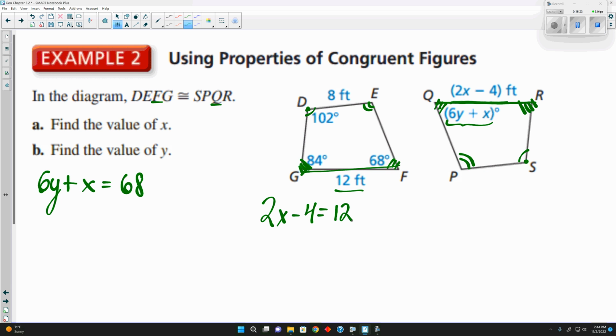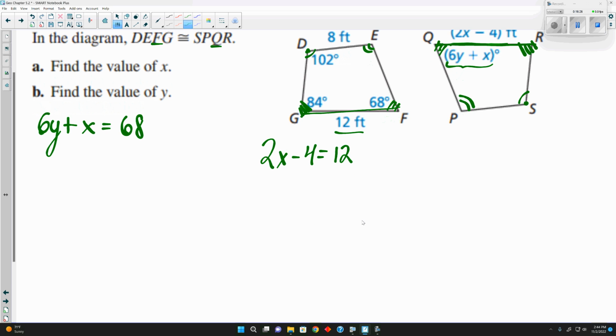So what we can do first is add 4 to both sides. And if we add 4 to both sides, we get that 2x is equal to. And then what do we do? We divide both sides by 2. So x is equal to.